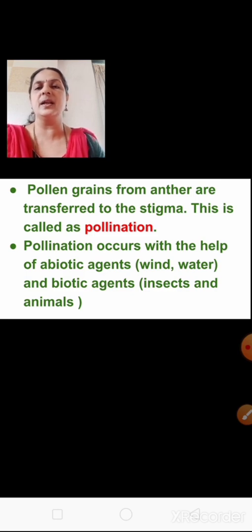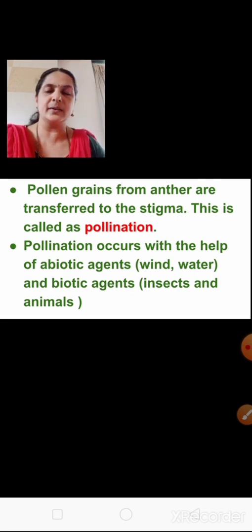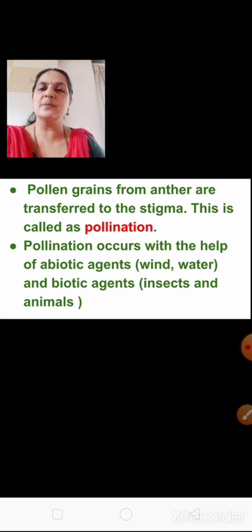Pollen grains are transferred from the same flower or from another flower. And biotic means insects. Insects get attracted by the color of the flower, or they come for the nectar. At that time the pollen grains get attached to the insects, and when they go to another flower, the pollen grains fall onto the stigma of that flower. This is called pollination.